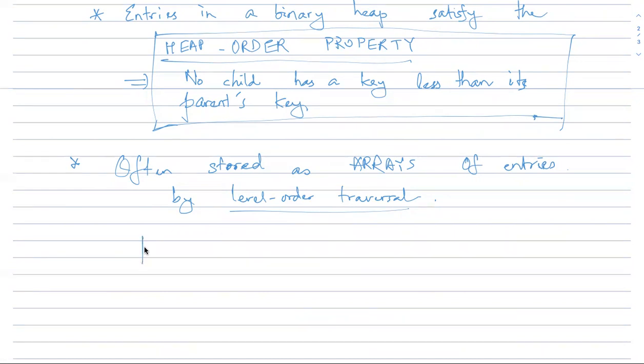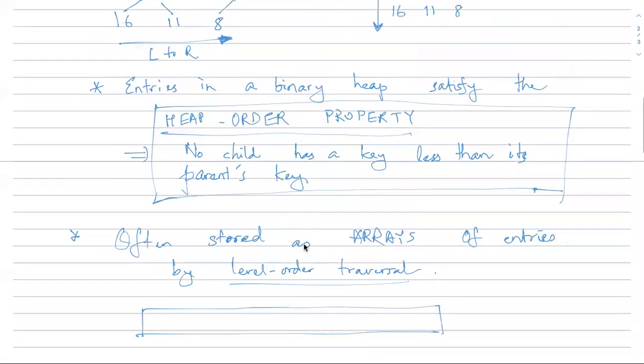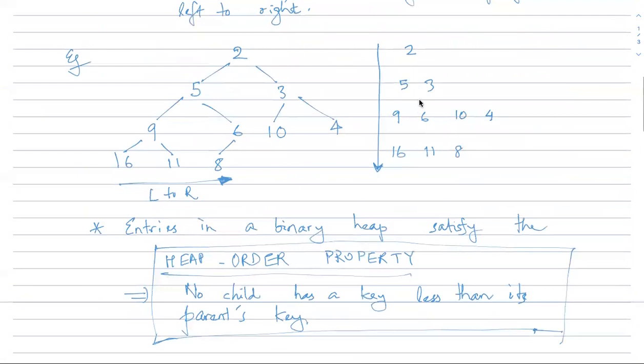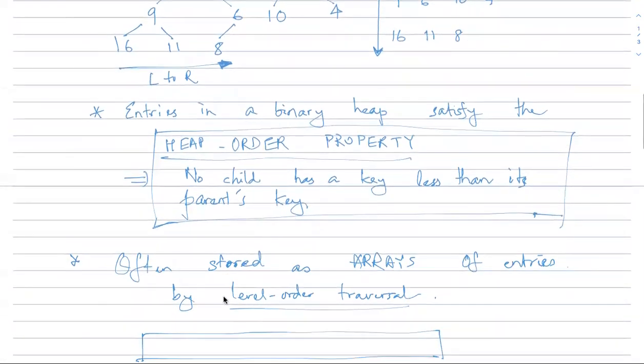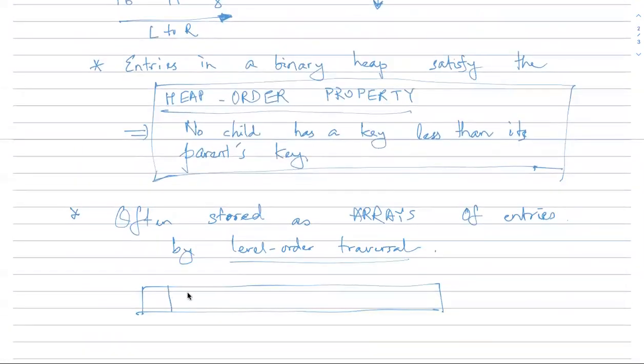So let's say we lay down the level order traversal for the above tree. It's going to be 2, 5, 3, 9, 6, 10, 4, 16, 11, 8. If the indices are going from 0, 1, 2, 3, 4, 5, this is our array where we are storing the keys of the binary heap.